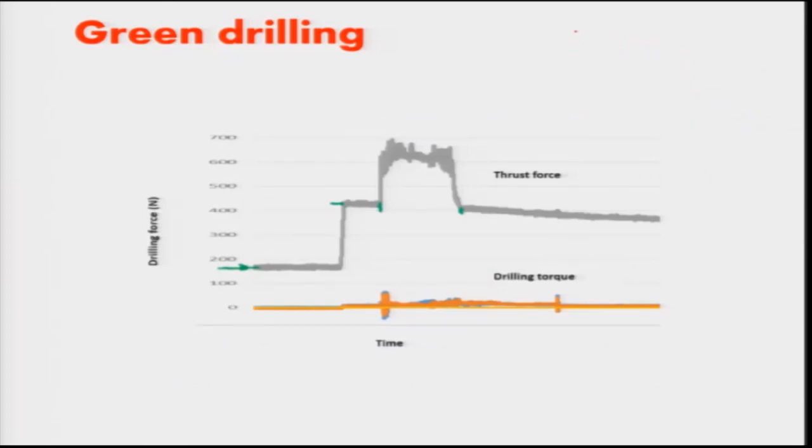Now this drill bit has a shape something like this. This edge is known as the cutting edge. At this point, the drill contacts the workpiece.